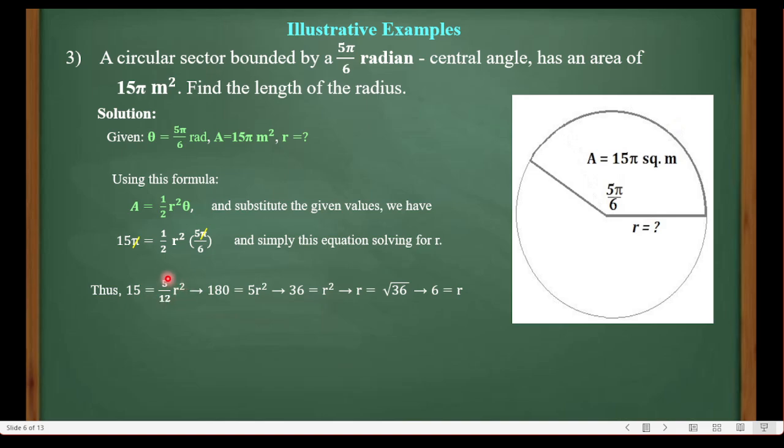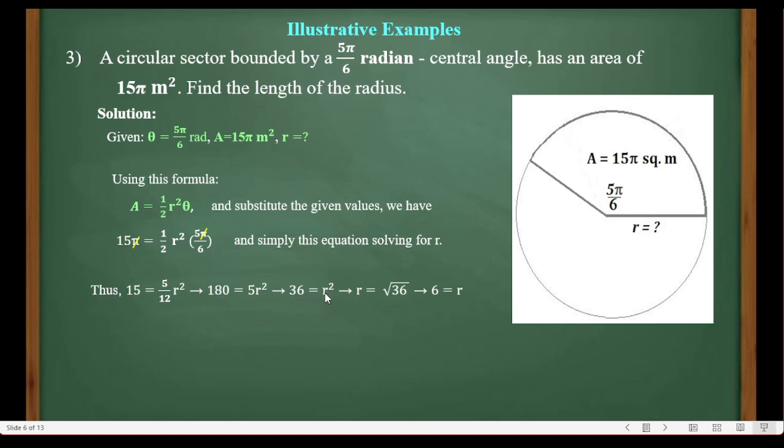First, we have this equation. And then we cross multiply 15 by 12, that is 180. And what will remain on the right side is 5r squared. And then we simply divide both sides by 5. So 180 divided by 5 will become 36. And 5r squared divided by 5 will be r squared.